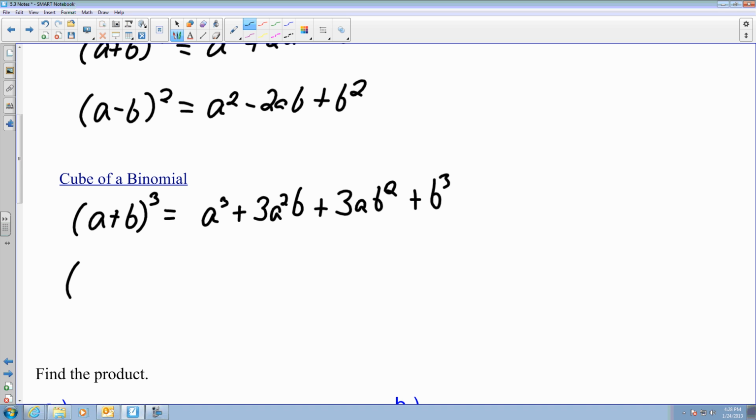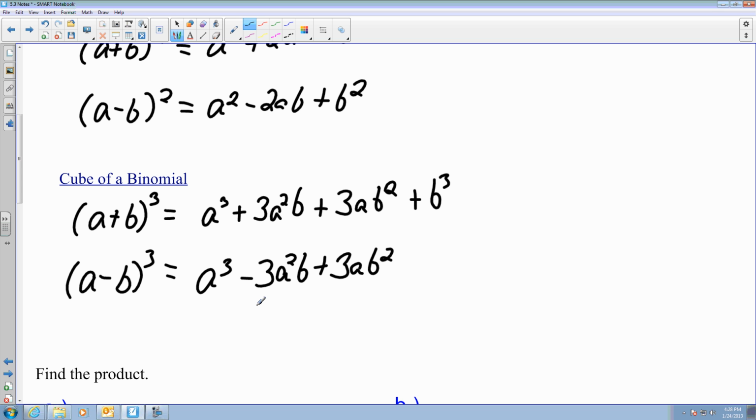And if it was a minus b quantity cubed, I would have a cubed minus 3a squared b plus 3ab squared minus b cubed. So those would be the general formulas there.